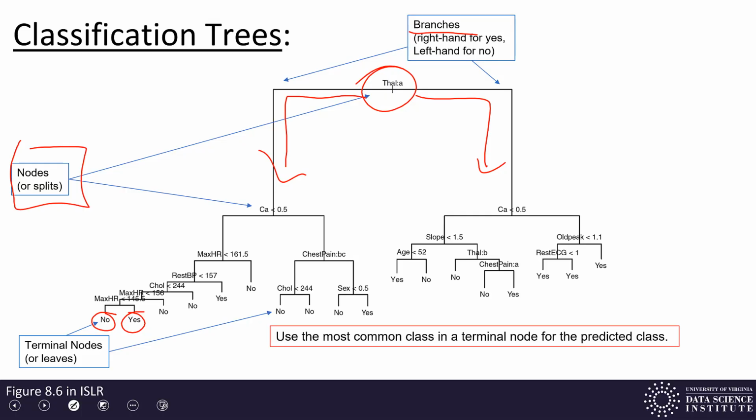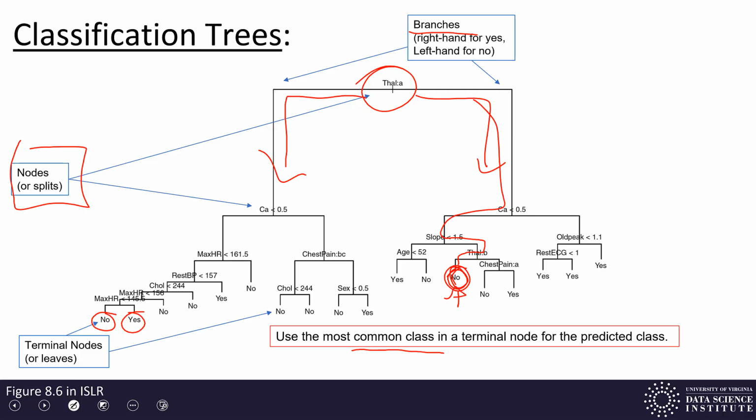The one thing that's different in classification trees from regression trees is how we assign our class. We take all the data this was trained on, and all the data points that followed some sequence and ended up in this node, and we look at the most common class for the observations in our training data that ended up in this node, and that's what we assign for that node.